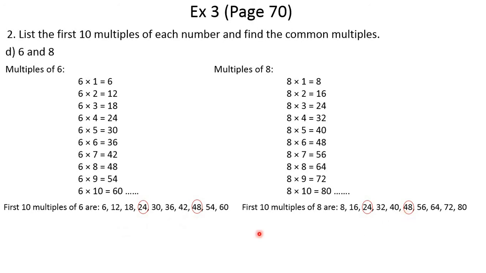So the two numbers which are the common multiples of 6 and 8 among first 10 multiples are 24 and 48. And you will write your answer as, so the common multiples of 6 and 8 are 24 and 48. I hope you have got the concept now.